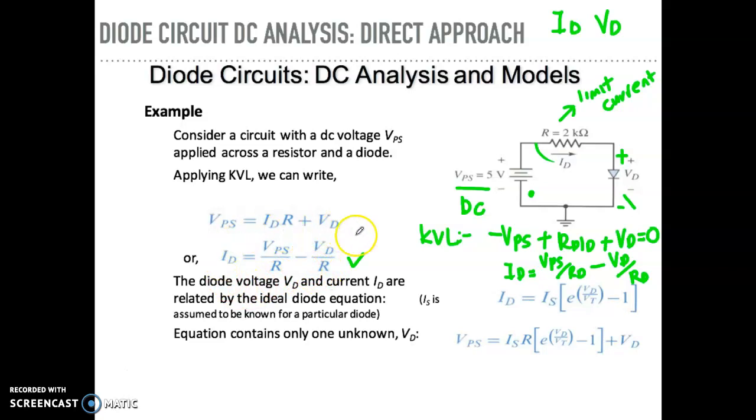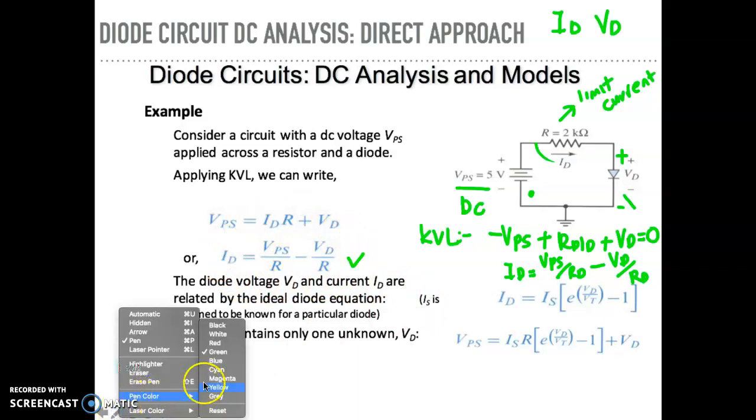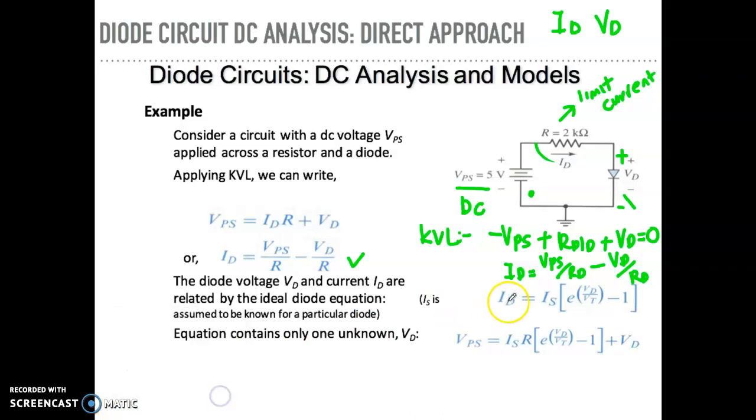So this is your equation number 1. In your previous chapter, you learned about the diode current equation, right? This is the equation that you have seen before: ID equals IS, the reverse saturation current, times exponent VD over VT, minus 1. So what you need to do now is plug equation number 2 into equation number 1. Let's put it together.